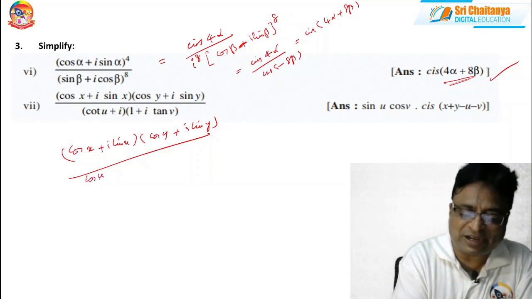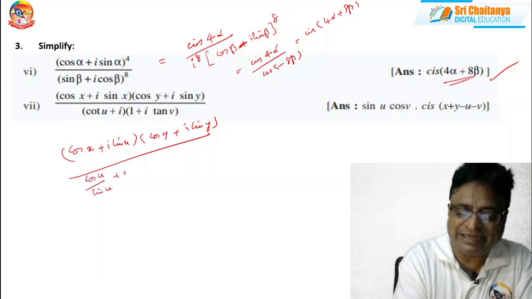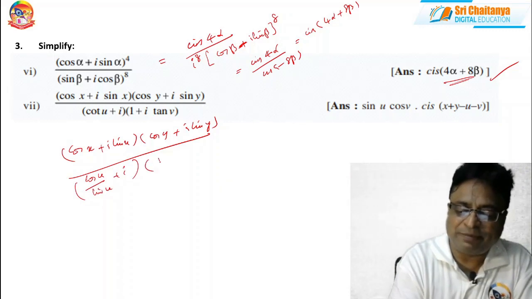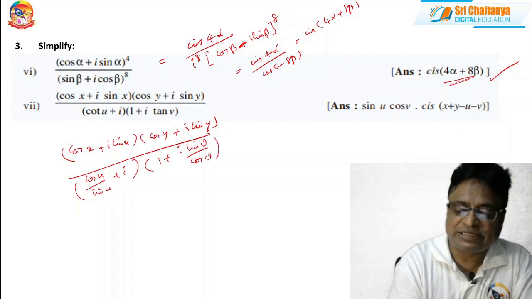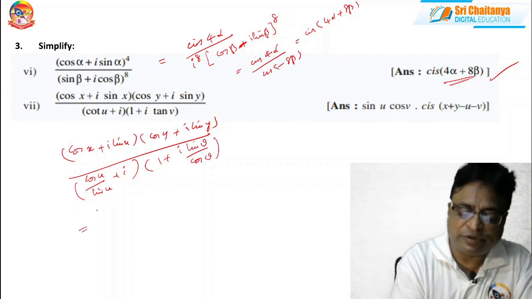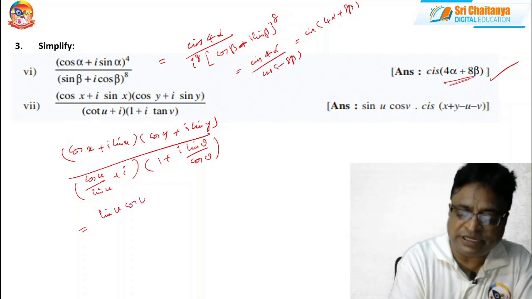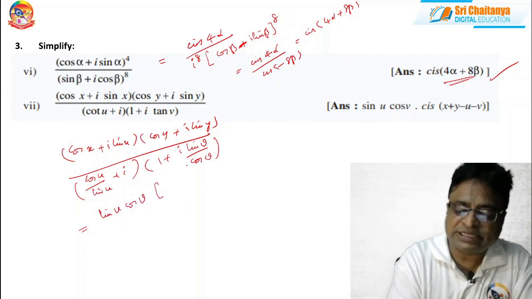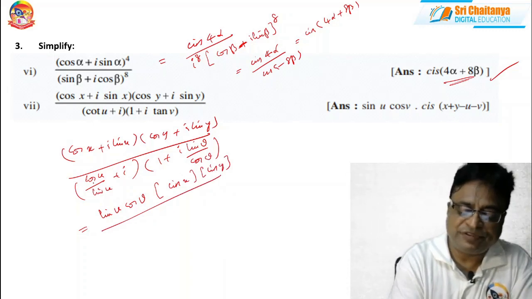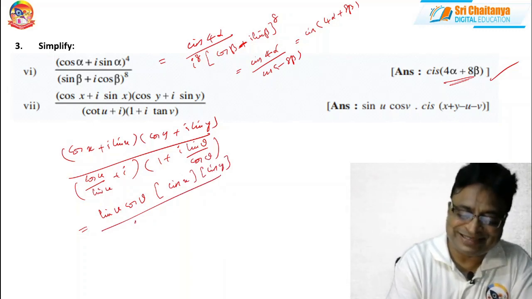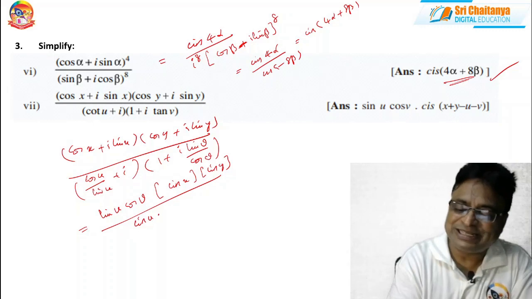If I write this as cos u by sin u plus i, and 1 plus i sin v by cos v, then by taking the LCM, in the numerator I get sin u into cos v into cos x plus i sin x, that is cis x, and cos y plus i sin y, that is cis y, divided by cos u plus i sin u, that is cis u, into cos v plus i sin v, that is cis v.